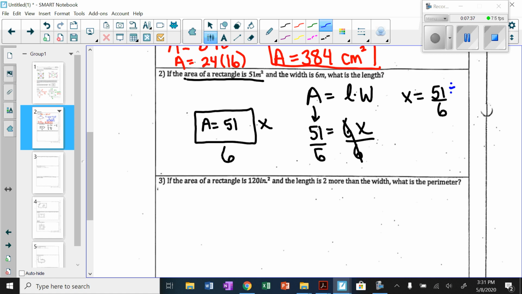So I would divide by 3, and we would get 17 over 2 meters. Or you could say x is equal to 8.5 meters, whatever you feel more comfortable with.